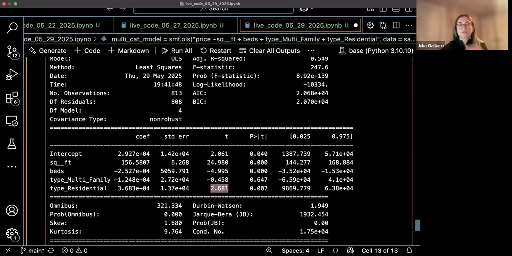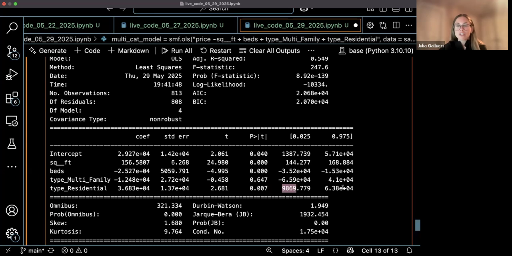We have this t-value here of 2.68, and this is large enough to indicate a meaningful relationship, as we can see by the p-value being less than 0.05, indicating that there is a meaningful relationship between residential properties and house price.